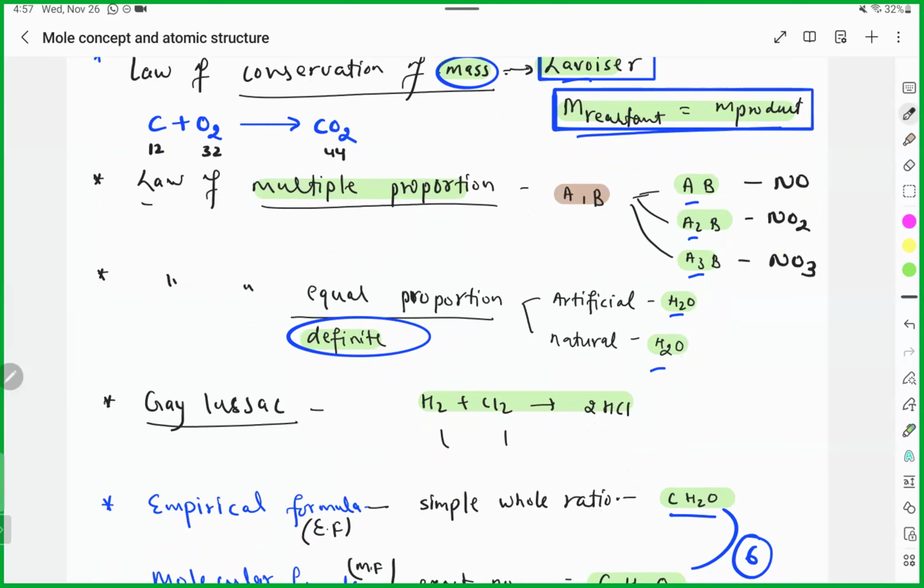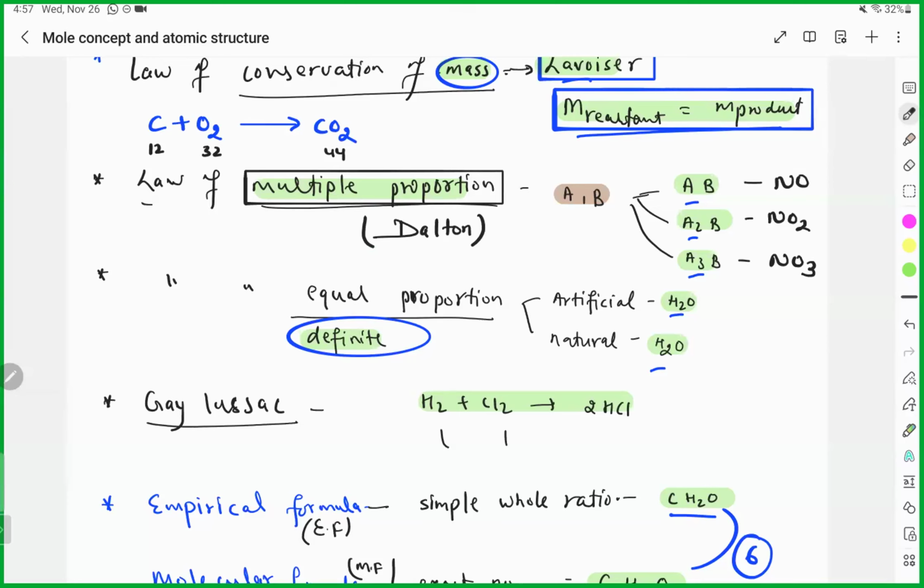Here, nitrogen is fixed and oxygen is increasing by 1. So they will be present in a ratio. That is the simplest meaning of multiple proportion, given by Dalton, who gave the atomic theory.